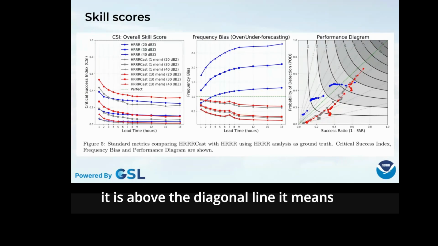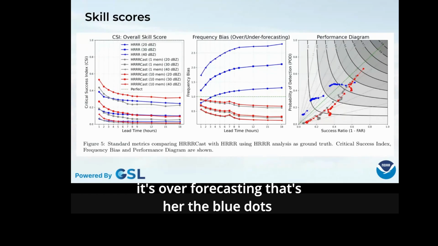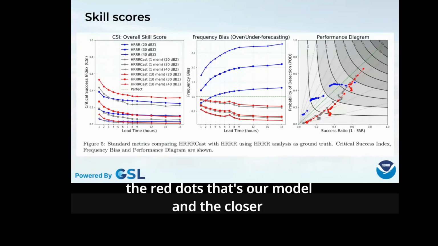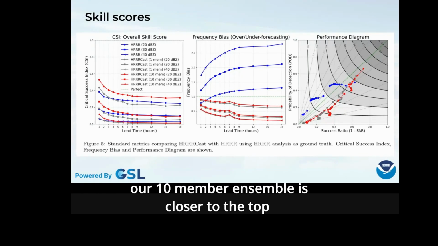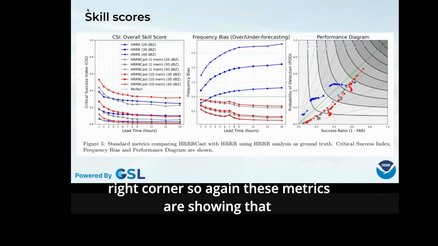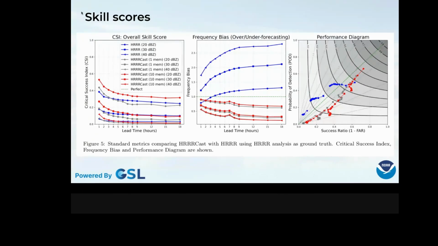If it is above the diagonal line, it means it's over forecasting. That's HRRR, the blue dots. The red dots are our model. The closer you are to the top right corner, the better. So our 10-member ensemble is closer to the top right corner. Again, these metrics are showing that HRRRCast could be better.